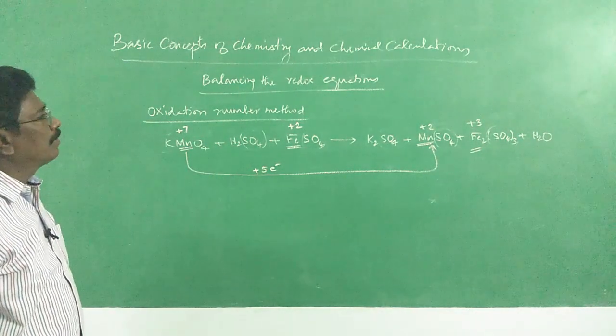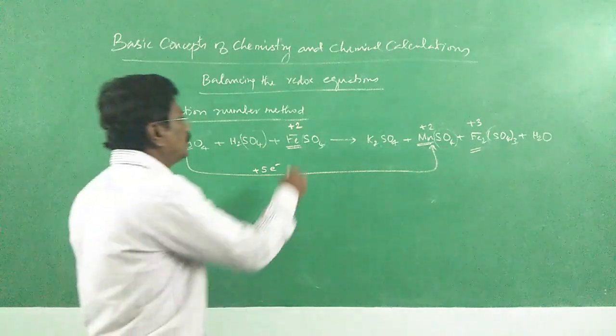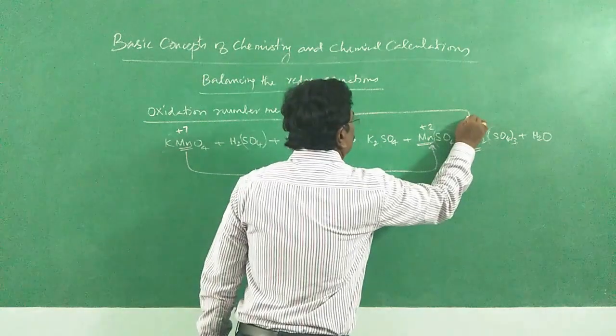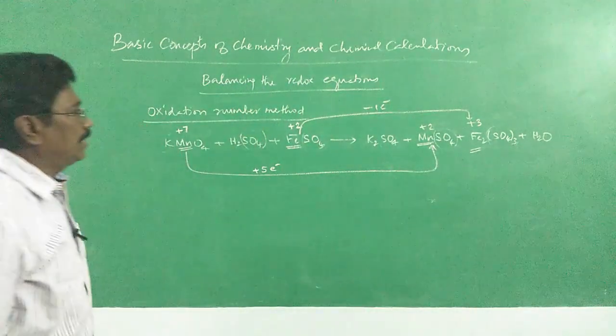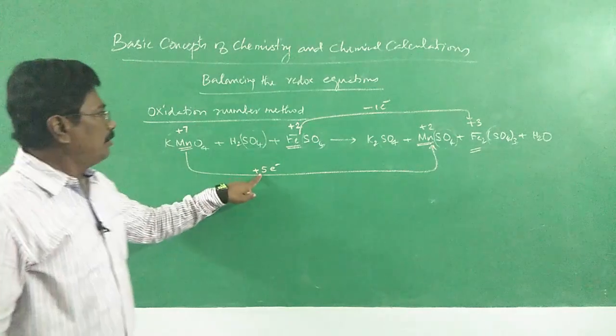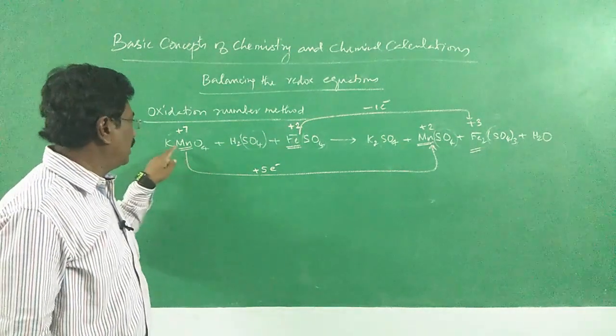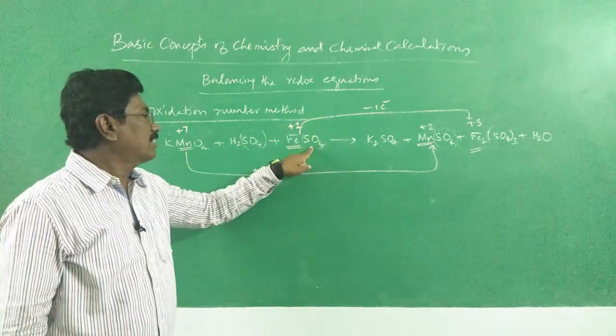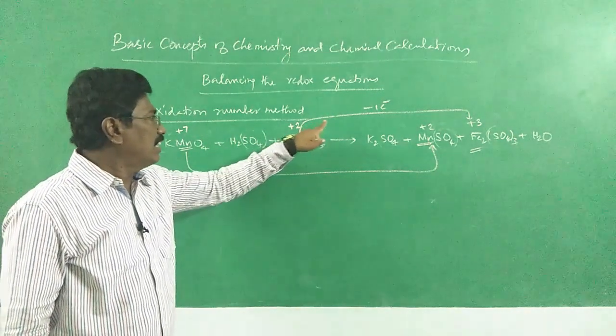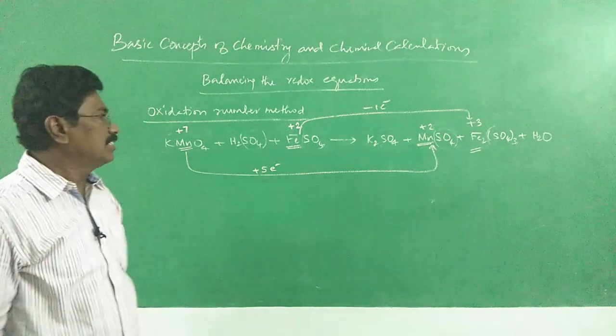And iron from +2 loses 1 electron, loss of 1 electron to become +3. It is oxidized. Since it is reduced, manganese is acting as an oxidizing agent. Since it is oxidized, iron is acting as reducing agent.